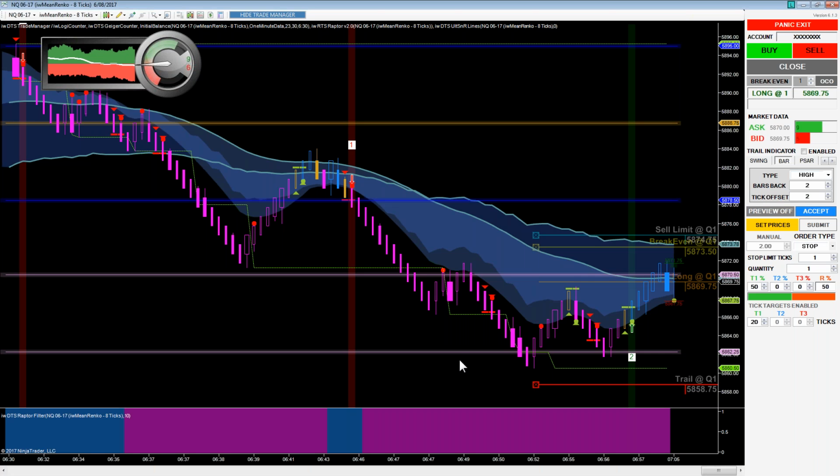How many contracts can you put on your position? Notice too that if I had taken the signal on the hash mark, we would already be at our profit objective as well. It's probably why we're struggling a little bit also.